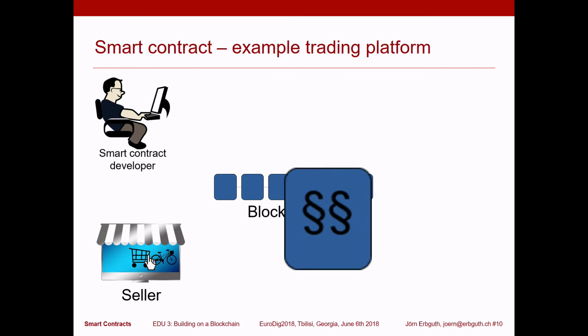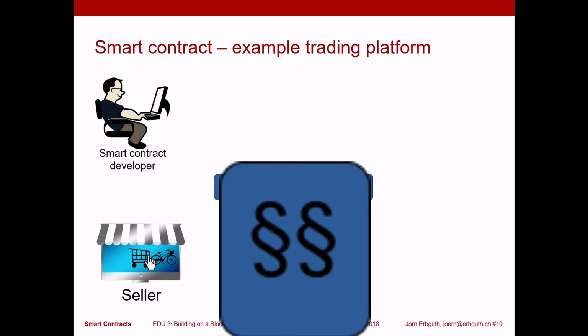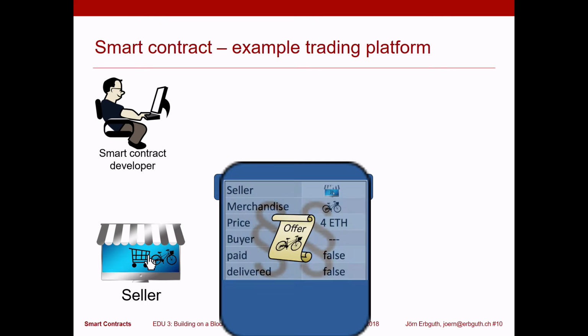The smart contract developer puts the smart contract there, and the seller sends a message to the smart contract: I want to sell a bike for 4 Ether, or whatever currency there is, with a description of the bike. And of course in the contract it says, well, there is no buyer yet, it's not paid and it's not delivered.